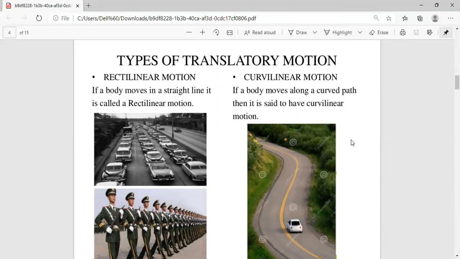Look how the car is able to move on the curved path. So this type of motion is known as curvilinear motion. So the first type of motion we discussed is translatory motion, which is further divided into two types: rectilinear motion and curvilinear motion.